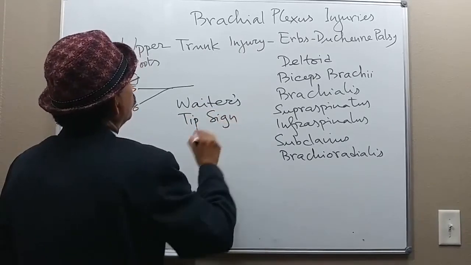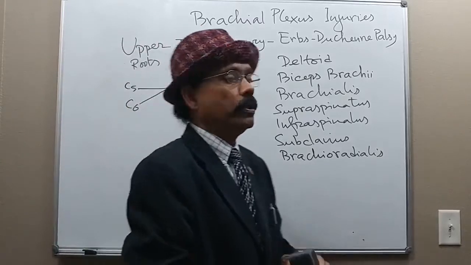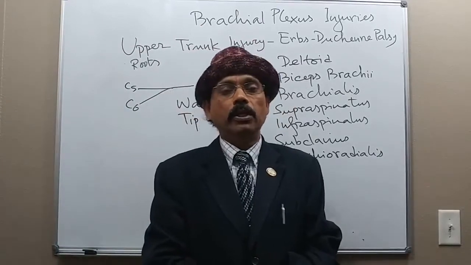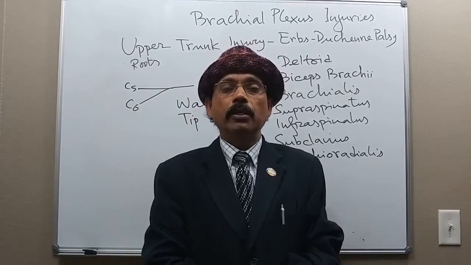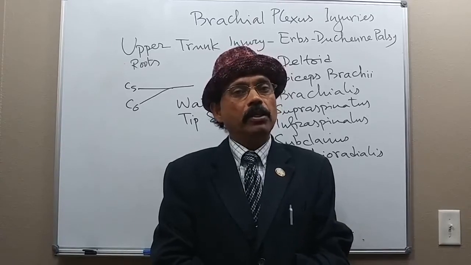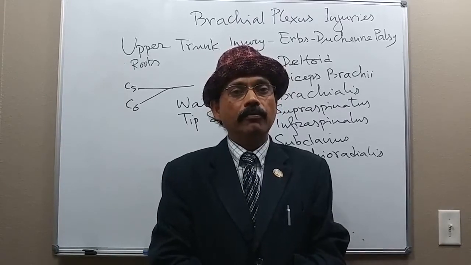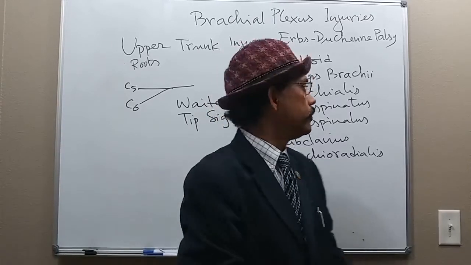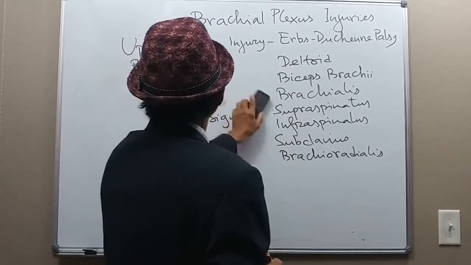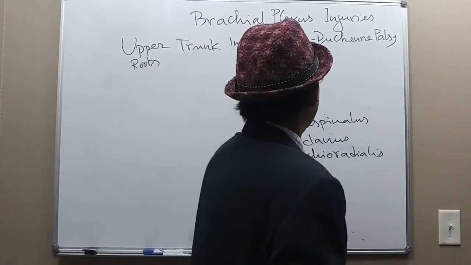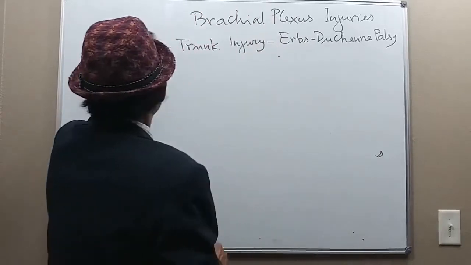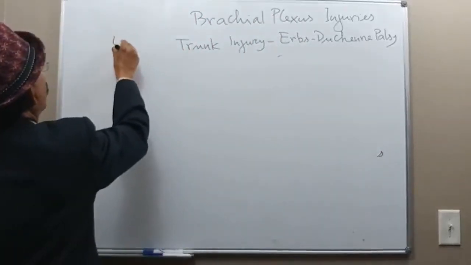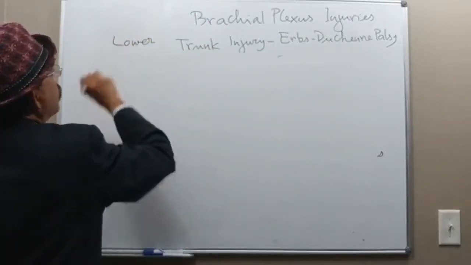This is the lesion due to the upper trunk of the brachial plexus. The upper trunk is formed by the ventral rami of C5, C6. Then we'll go to the lower trunk of the brachial plexus.